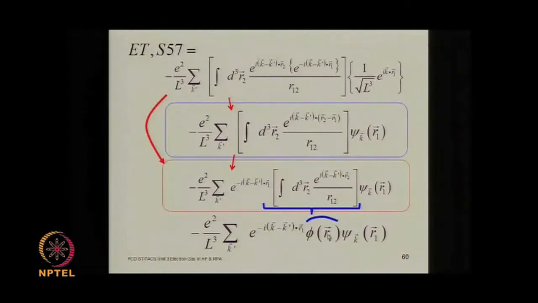Okay? It has nothing to do with R2 because R2 has got integrated out, and now this exchange term is written as minus e square over L cube, sum over k prime, e to the power minus i (k minus k prime) dot R1. Then there is some function which is a function of R1 alone, not a function of R2, and then you have got the orbital psi k of R1.